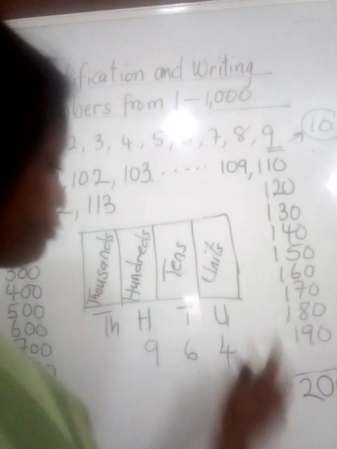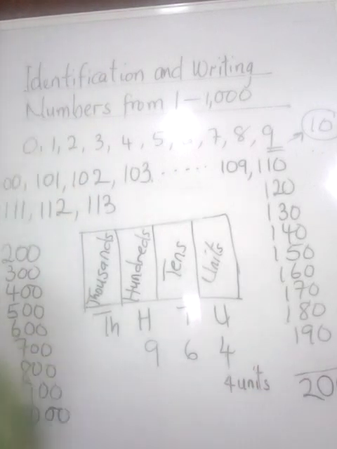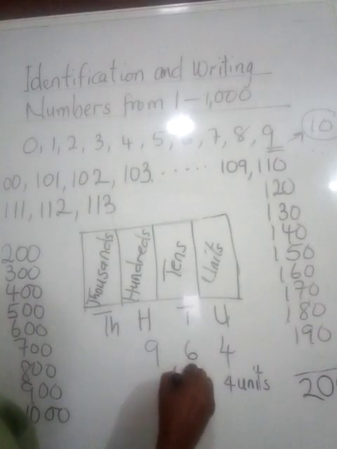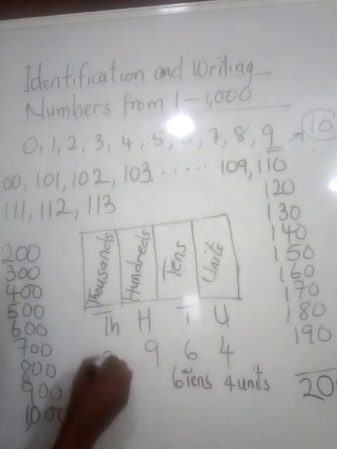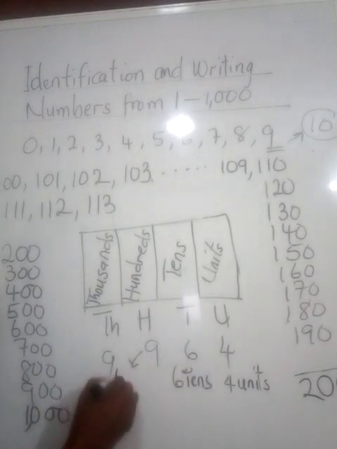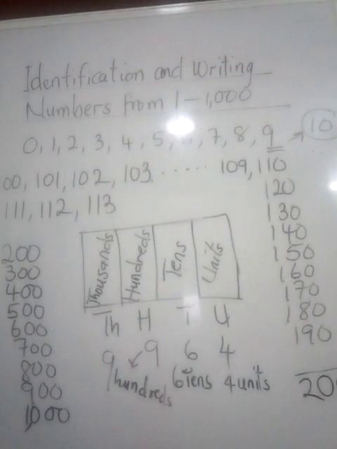So here you have 4 units, and then you have 6 tens, and lastly you have 9 hundreds. 6 tens and 4 units. You have already named your number.